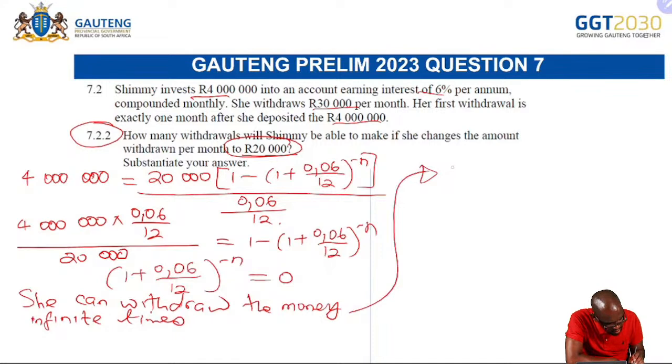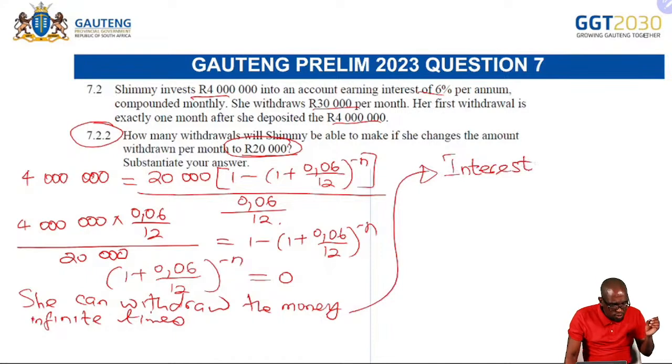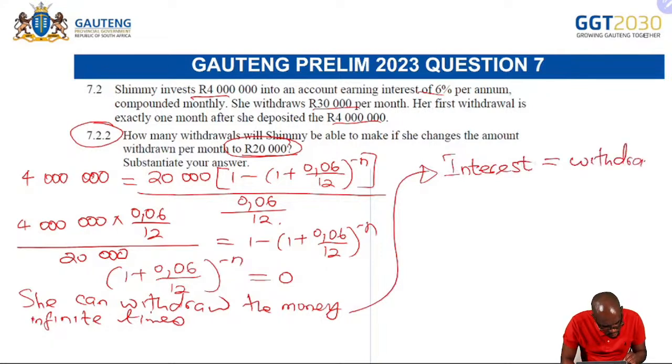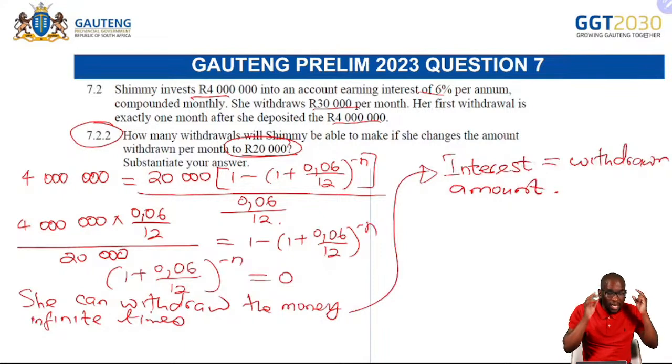It is because the interest that accumulates here would exactly be equals to the money that she withdraws. The interest would be equals to the withdrawn amount. That is why we're saying she can make infinitely many withdrawals.